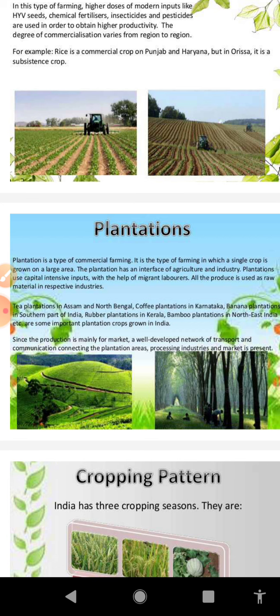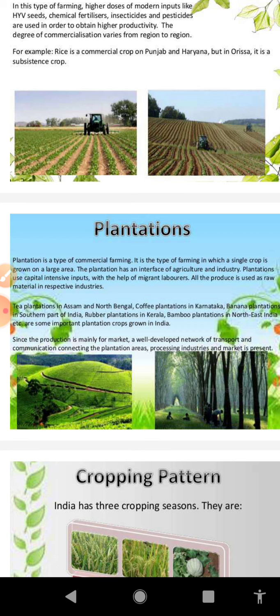In this type of farming there is a maximum requirement of capital, so plantation agriculture or commercial type of farming is a capital intensive type of farming.